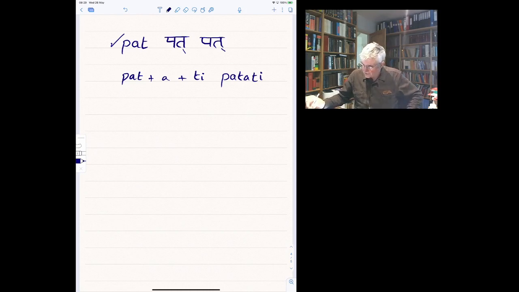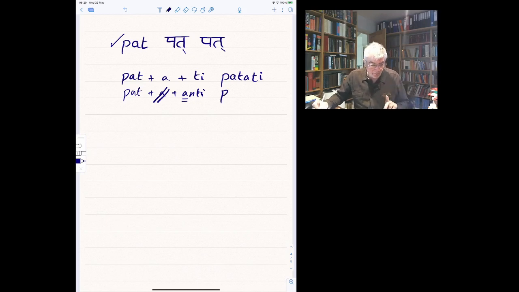And in the third plural, remember we said a moment ago, you don't have pat plus a plus anti. If the ending begins with an a, that middle a just drops out there. So we have they fall in the plural, not the dual, remember.